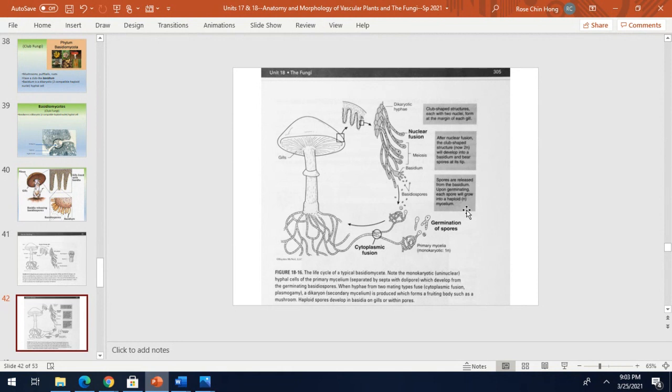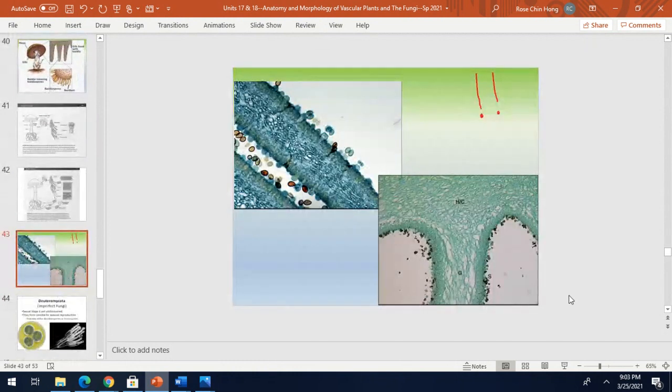It will be haploid, and it will germinate, right here, germination. And then it will form into a mycelium from the hyphae. And again, the same cycle goes over again, where it shows that cytoplasmic fusion and all that stuff to give rise to this. Okay, so let us look at the next slide.